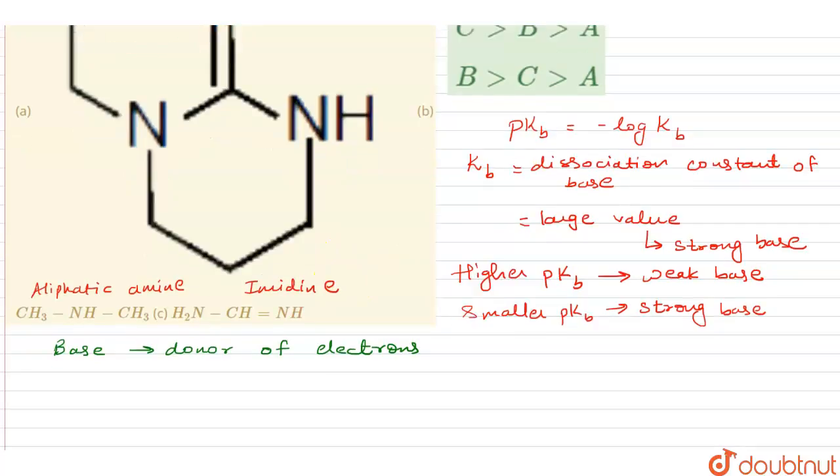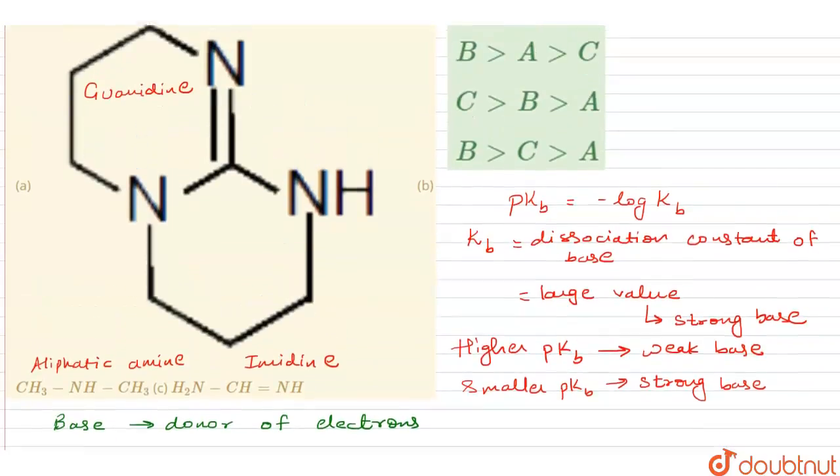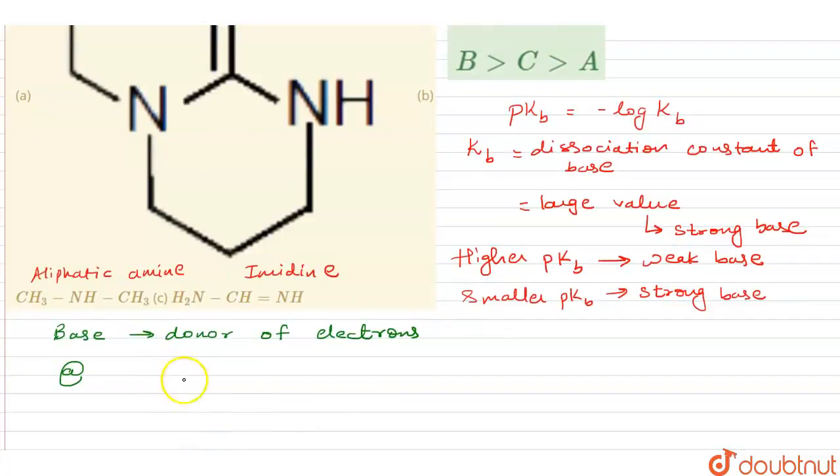Now let us look at the very first one. The first one, as you can see, is a guanidine type, as I told you. Let me just draw the structure. So here you have the structure as follows. There's a nitrogen, NH, and then we have one more ring over here, and one more ring over here also.